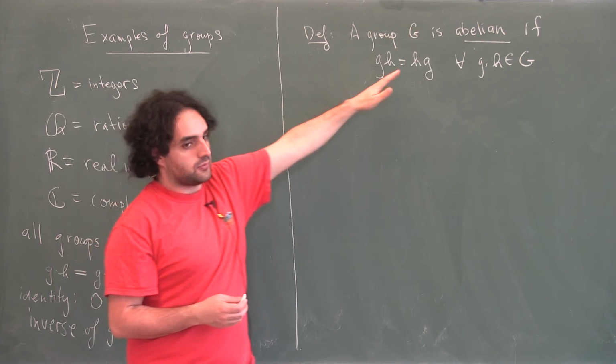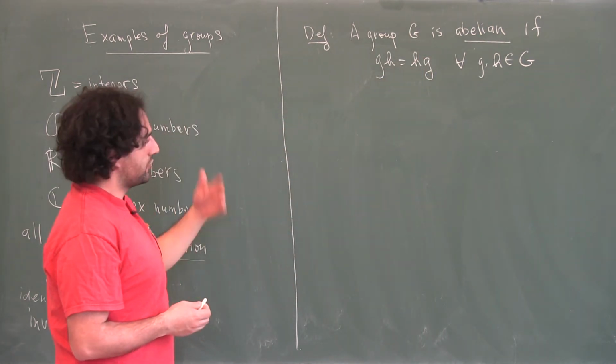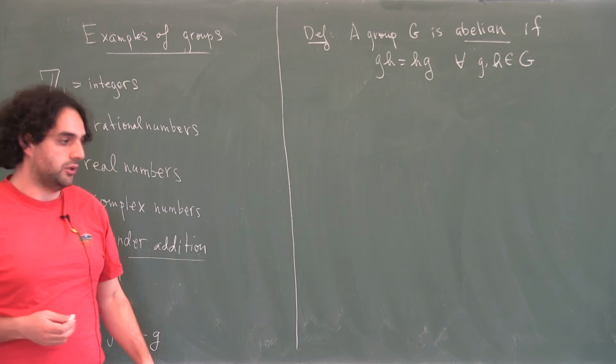When you can do that, it gets a special name called abelian. So let's see now an example of a non-abelian group.